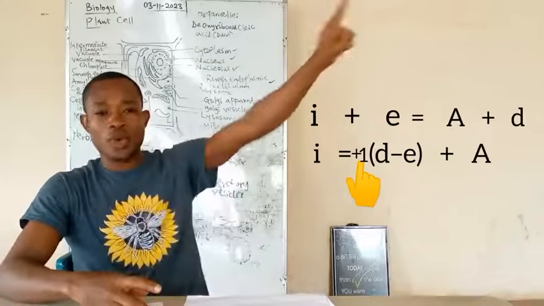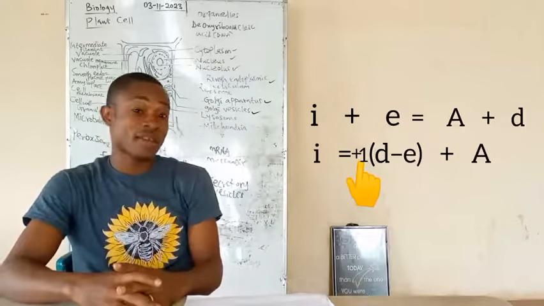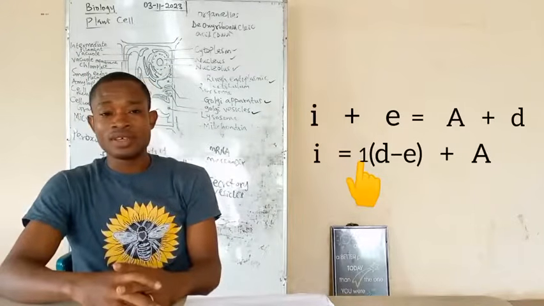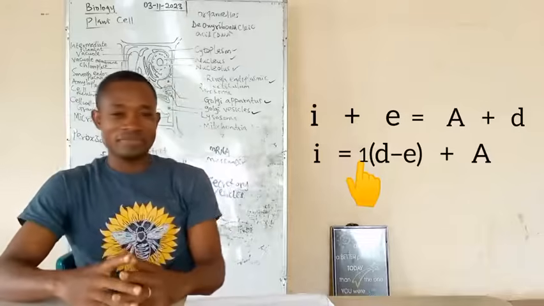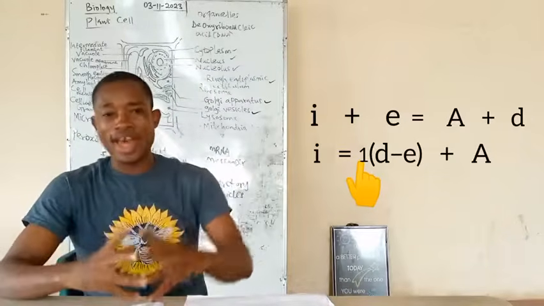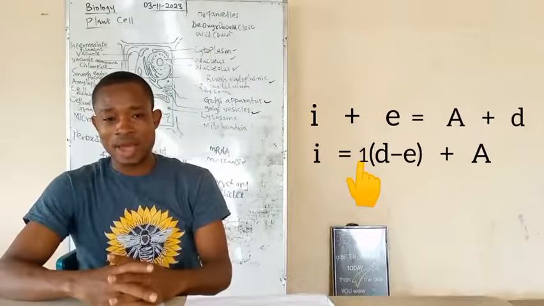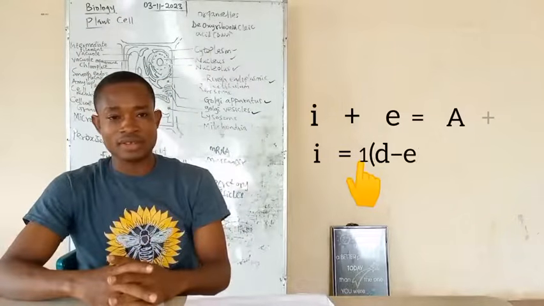Okay? It's going to go this way. So please, take a look at the screen and you will see the graph displayed. Please watch. I will be explaining a lot based on what we have there. Remember, a plot of I on the vertical axis against D minus E on the horizontal axis.